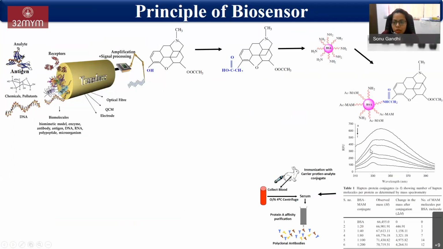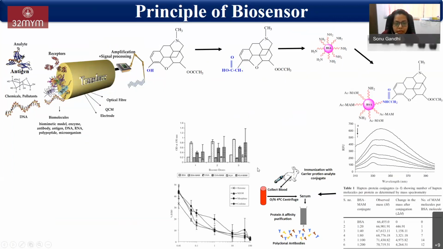The suitable biomolecule we then use for immunizations in the animal model, and we collect the blood and purify the antibodies from the serum. These antibodies act as the biomolecules or the interface for development of any kind of assays or sensors.